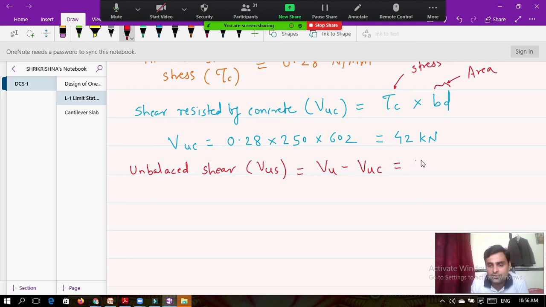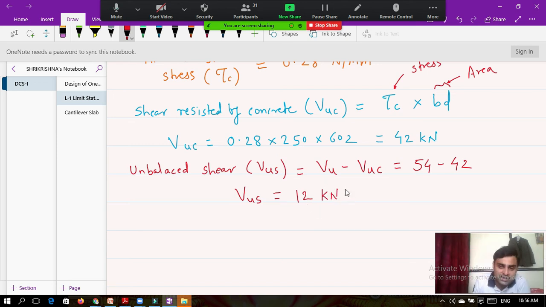So it is 54 minus 42. So your unbalanced shear force VUS is equal to how much? 12 kilonewton.